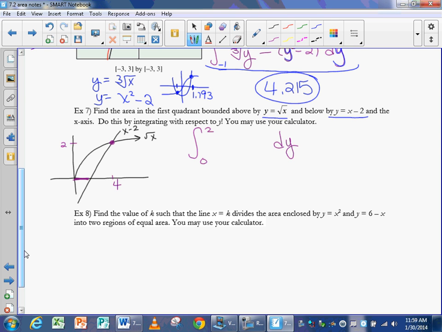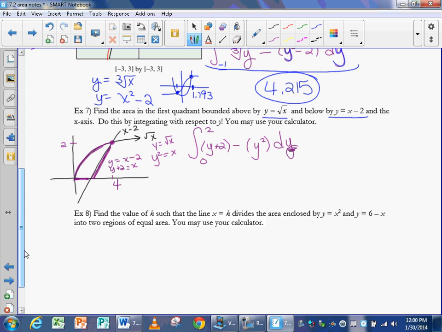So I'd have the integral from 0 to 2 of right minus left in terms of y. So my right curve is the curve y equals x minus 2, which in terms of y becomes x equals y plus 2. And then my left curve is the square root function. So if I have y equals radical x, that means x equals y squared.